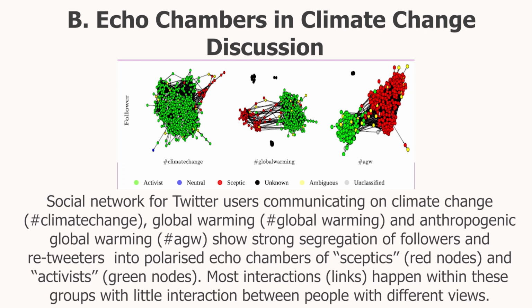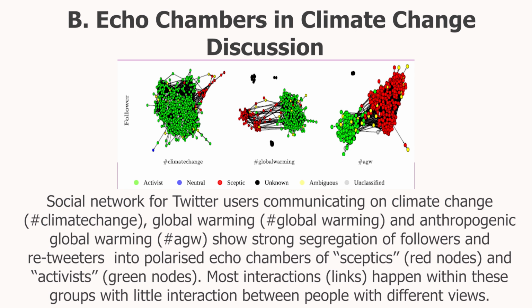For example, the hashtag climate change is almost entirely used by climate change believers or activists, and you can see them in green in the first of these maps. There are a few of the skeptics who also come across, but by and large it is the activists.